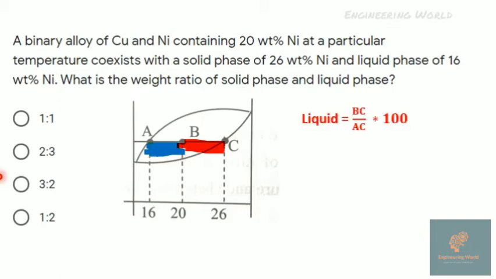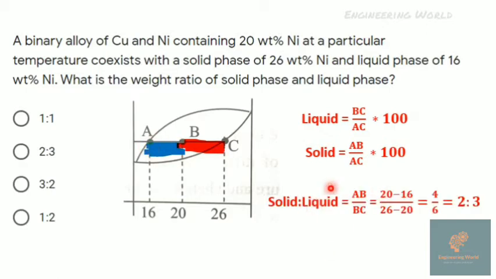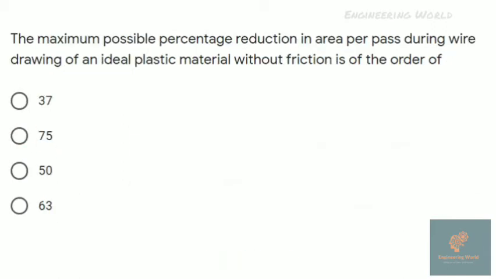Similarly for solid, AB divided by AC. So solid to liquid, AB divided by BC is equal to 4:6. So the answer is 2:3.